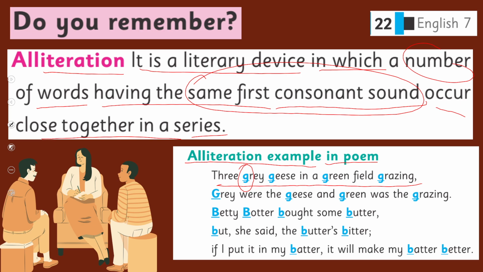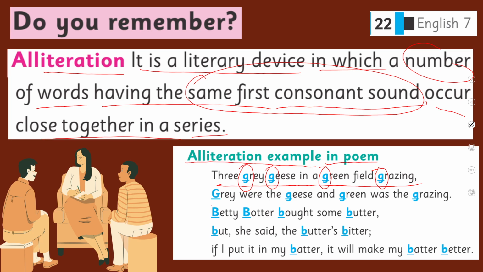Now we can clearly see that alliteration is being used. If you read it, three gray geese in a green field grazing, the sound G is coming over and again, and also the letter G is coming again and again.